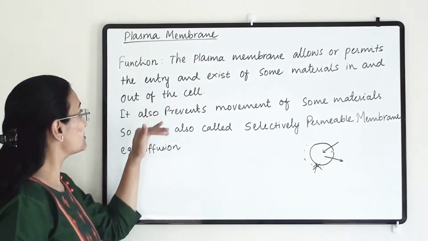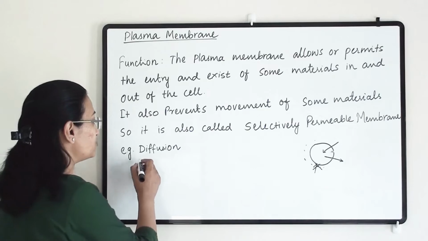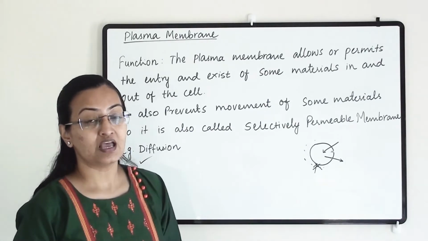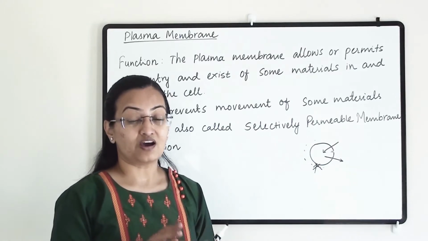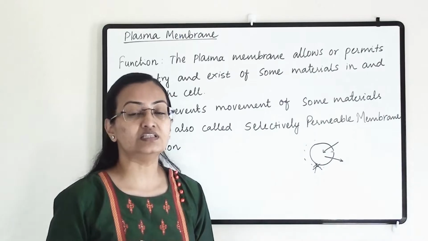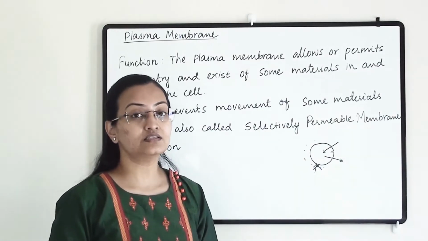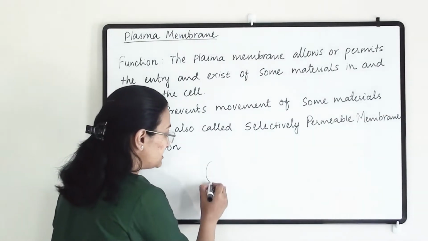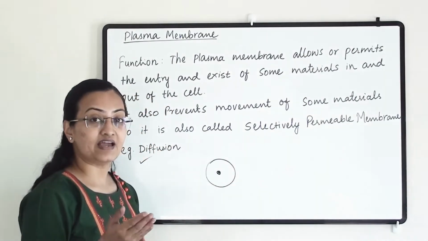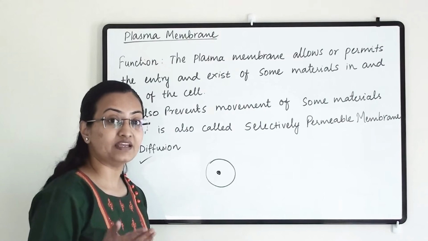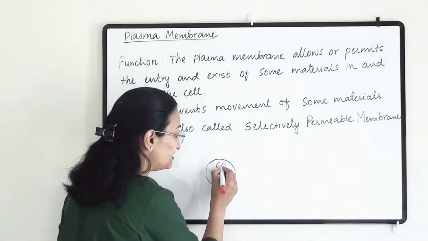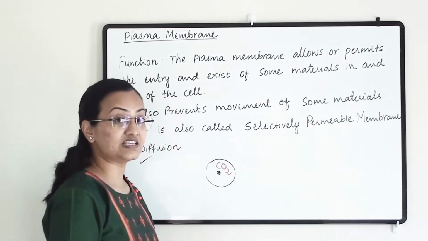Now under this plasma membrane we are going to discuss diffusion. Diffusion is an important process where the exchange of carbon dioxide and oxygen takes place within the cell. So let us understand this diffusion. For example, this is our cell. This is a nucleus, and within the cell activities are happening, and because of that the carbon dioxide level inside the cell is rising up.